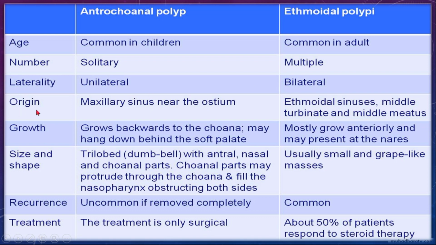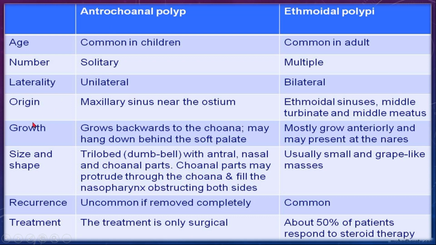Origin: antrochoanal polyp arises from the maxillary sinus near the ostium, and ethmoidal polyp from the ethmoidal sinuses, middle turbinate and middle meatus. Growth: antrochoanal polyp grows backward to the choana and may hang down behind the soft palate, but ethmoidal polyp mostly grows anteriorly and may present at the nares.